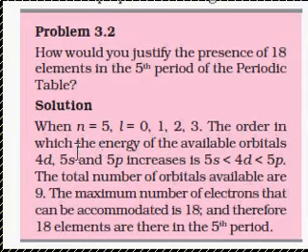The order in which the energy of the available orbitals 4d, 5s and 5p increases is 5s less than 4d less than 5p. The total number of orbitals available will be 9. The maximum number of electrons that can be accommodated is 18, and therefore 18 elements are there in the fifth period.